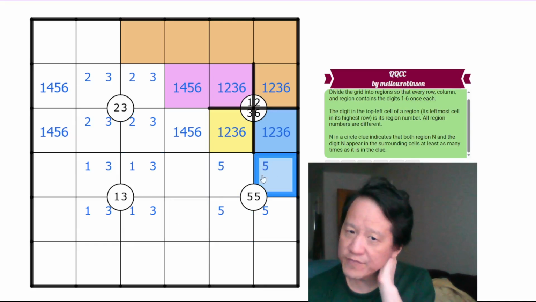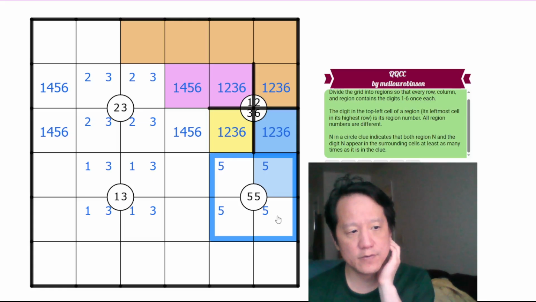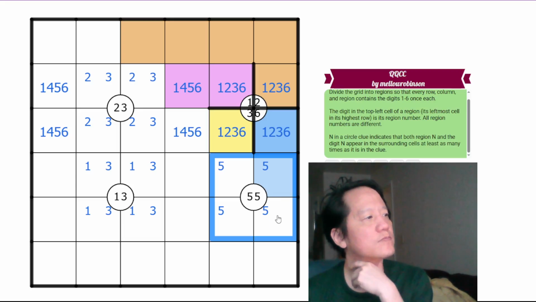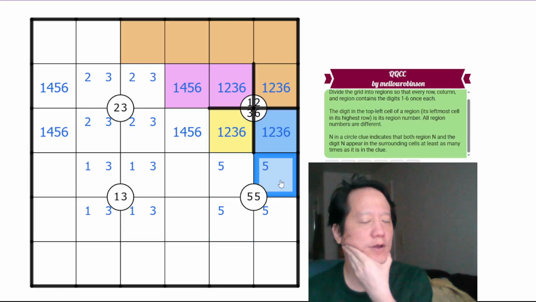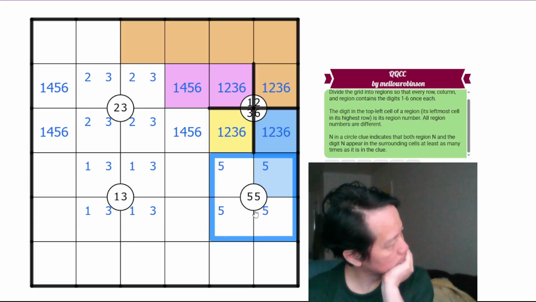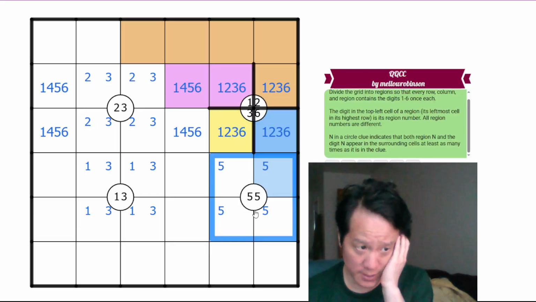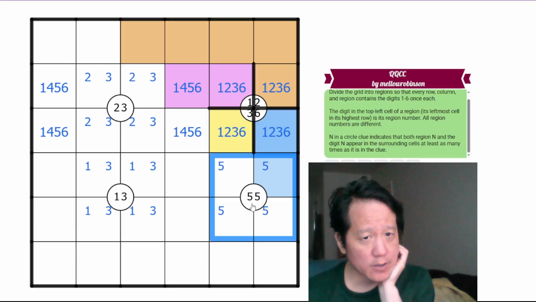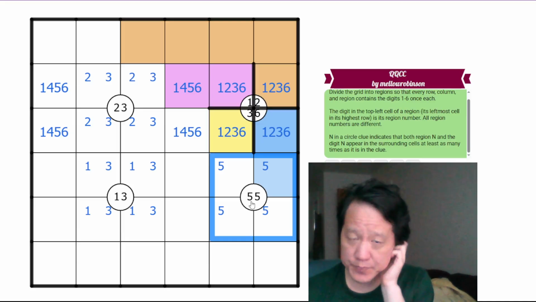Region number 5 has to be surrounding this. And we have 2 5s here. What does that mean?